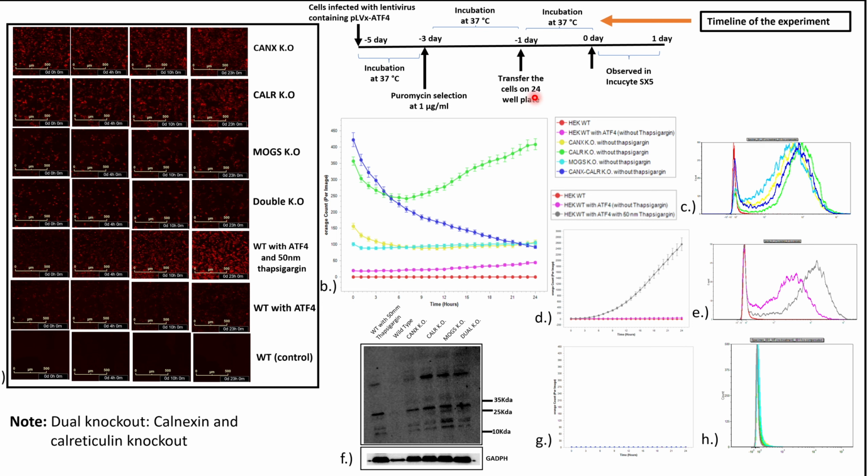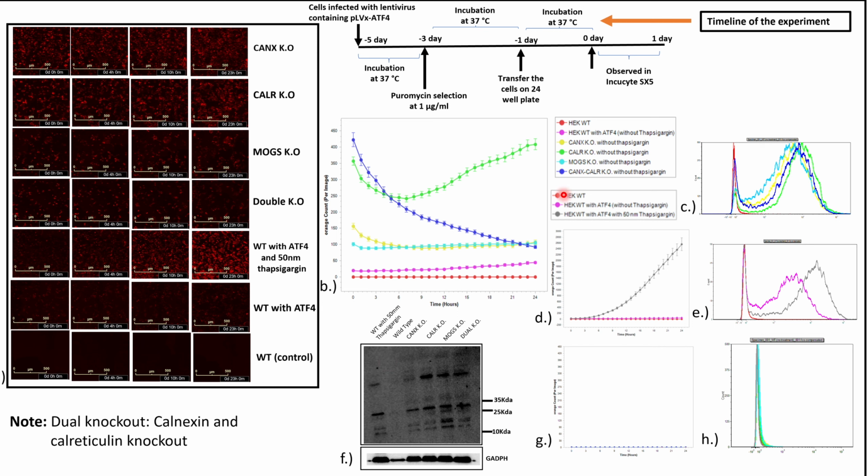After that, they are transferred to a 24 well plate, and after 1 day, the experiments begin. The measurements of the cells are taken from both InCyte and flow cytometer. At the same time, samples are also collected for Western blot.